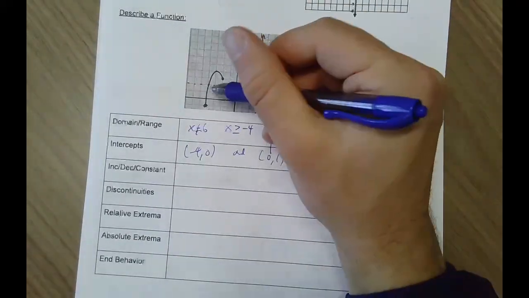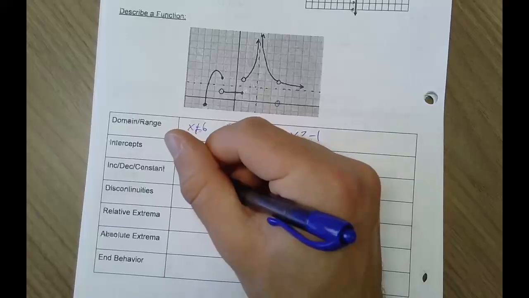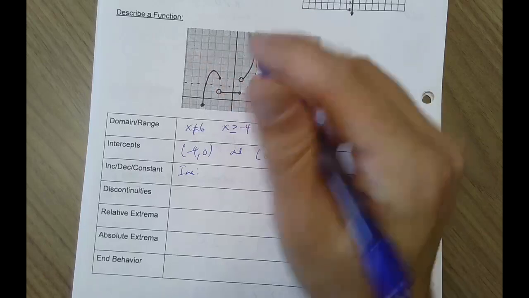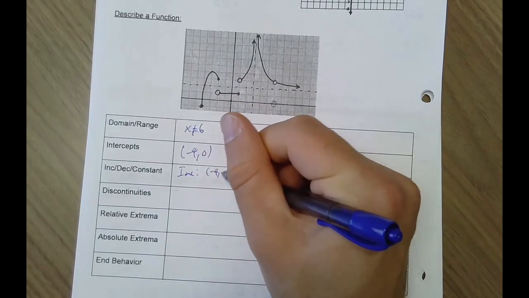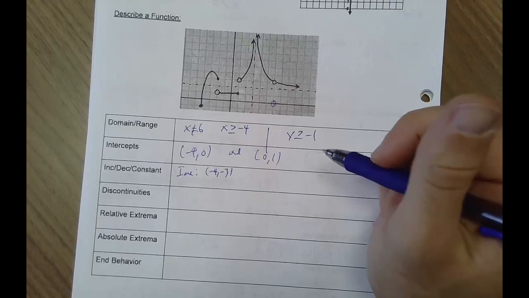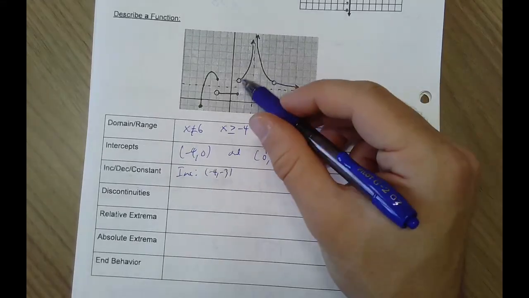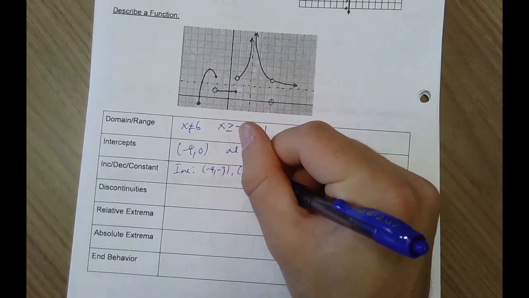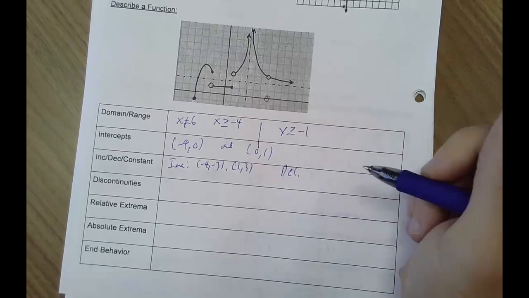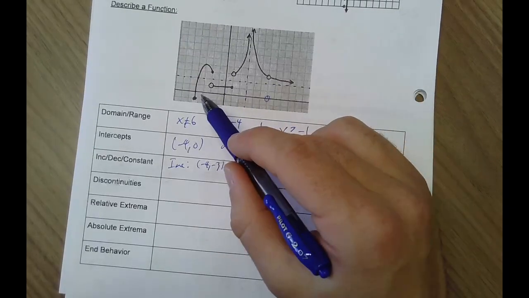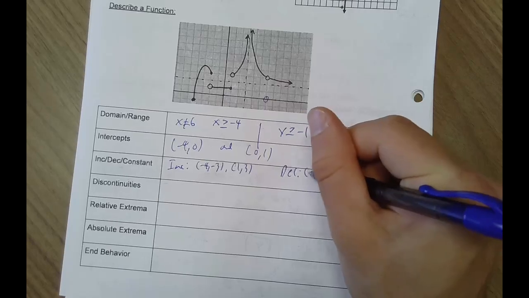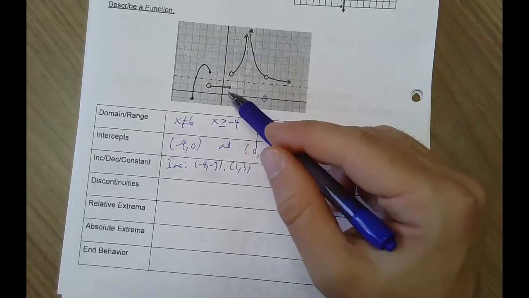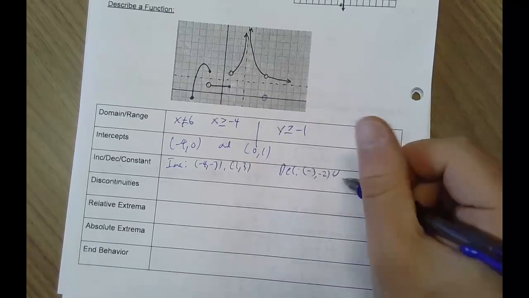Increasing, decreasing, so that's just when it's going up, it's increasing, so we're increasing from -4 to -3, and just open brackets is fine for these, -4, -3, and we're increasing from 1 to 3, and then we're decreasing from -3 to -2, and from -3 to infinity.